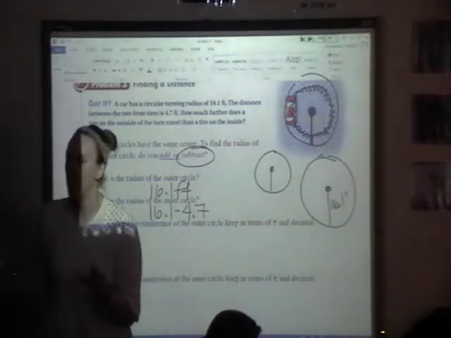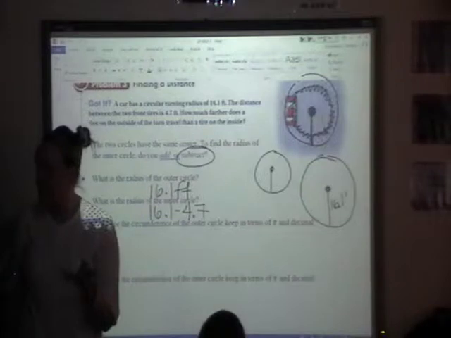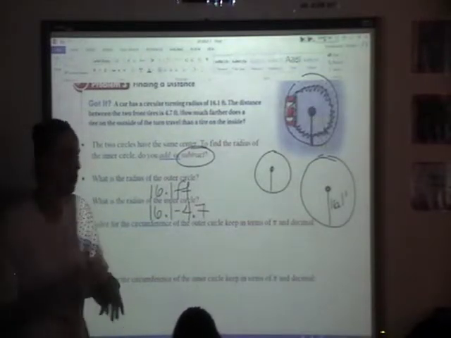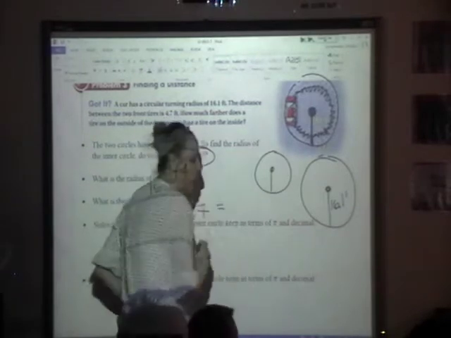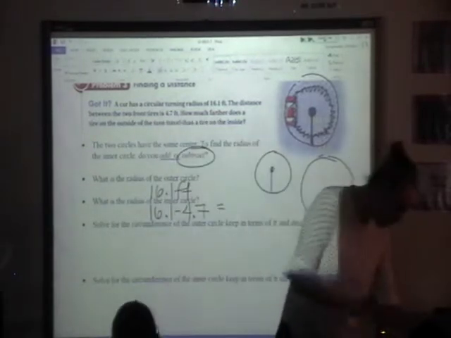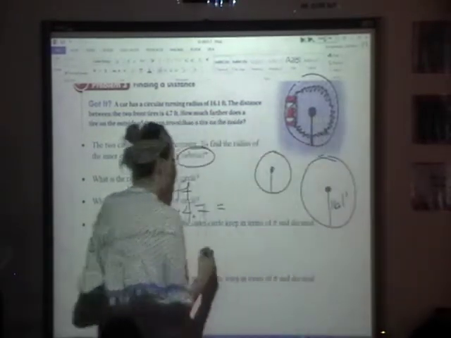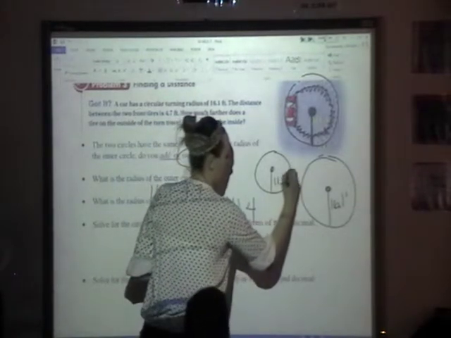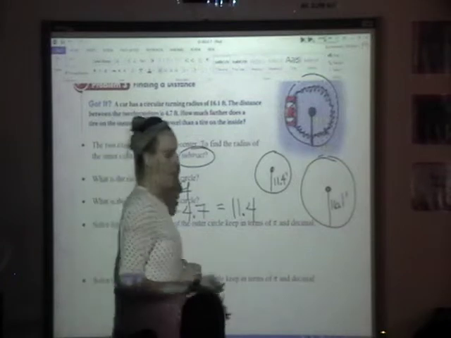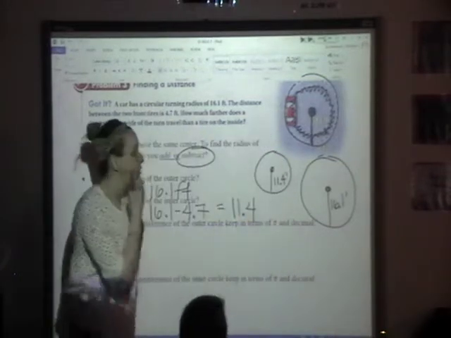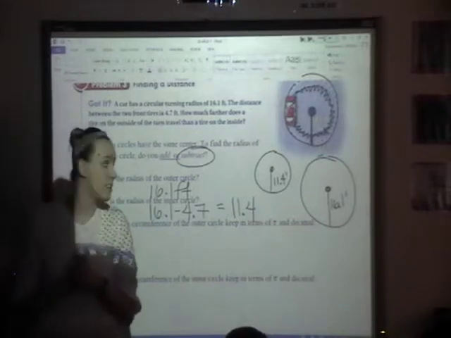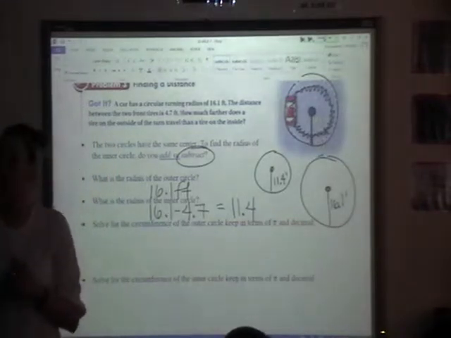We're not asking for a bigger radius. We're wanting to cut that radius to figure out what we have in our inner circle. So 16.1 minus 4.7, we end up getting 11.4. So our inner circle has a radius of 11.4 and our outer circle has a radius of 16.1.